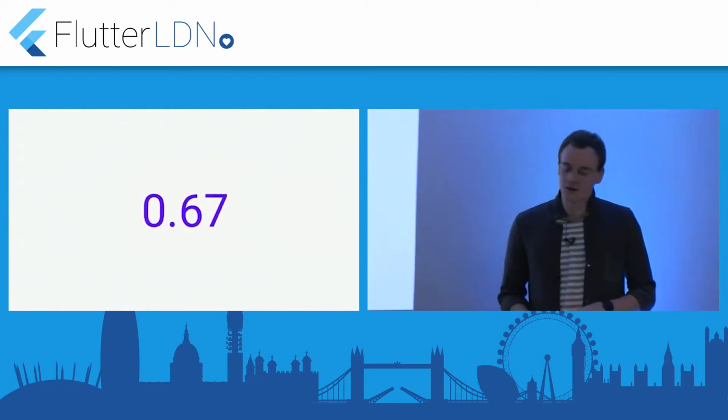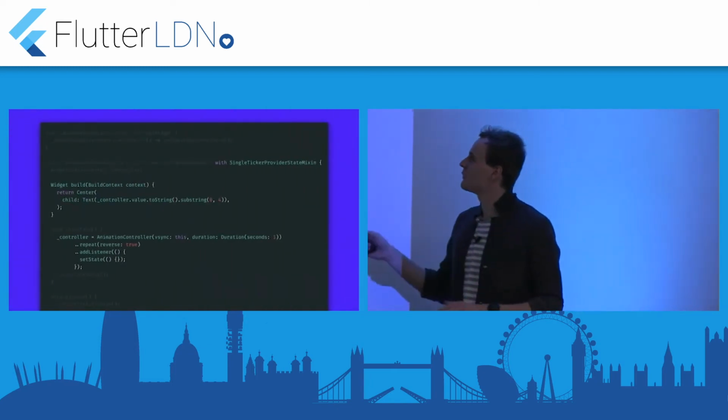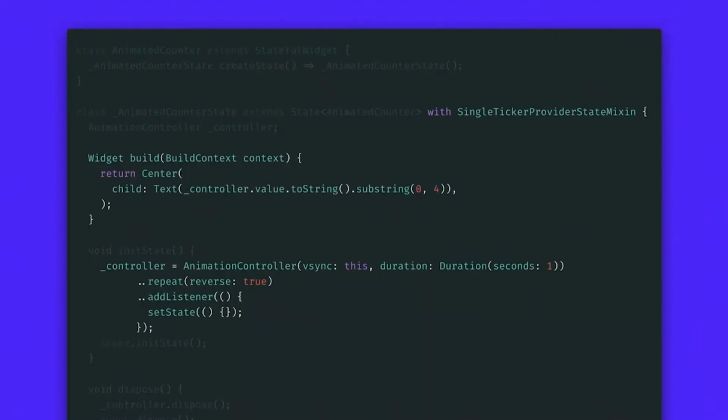But the interesting question now is what those code snippets have to do with the animation controller itself. We had the abstract animation class, and we've seen that from itself it does not change anything. So we need some kind of callback, and this is where the single ticker provider state mixin comes in.